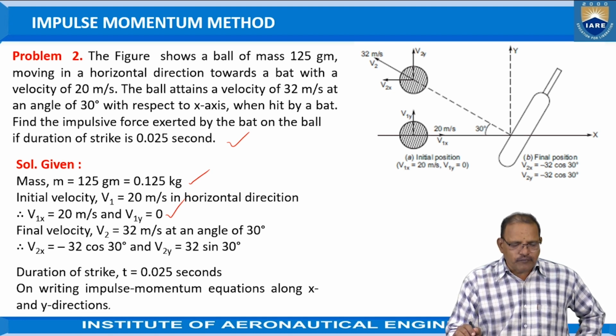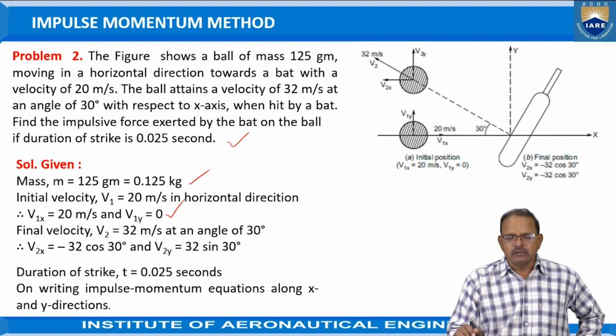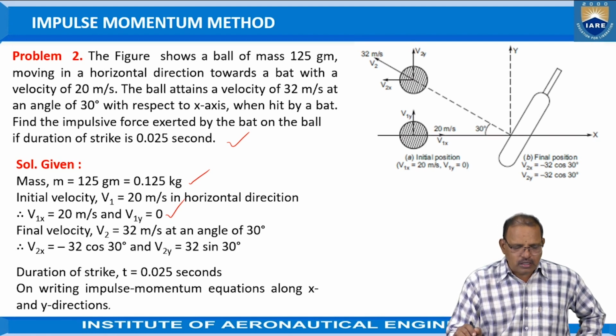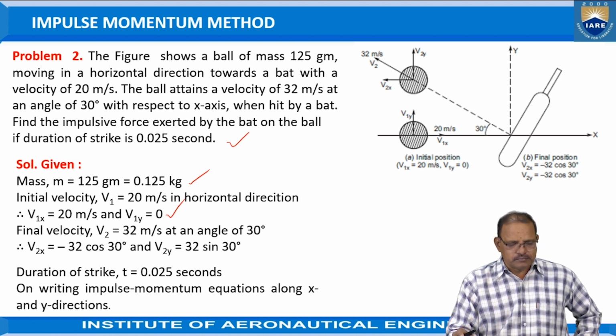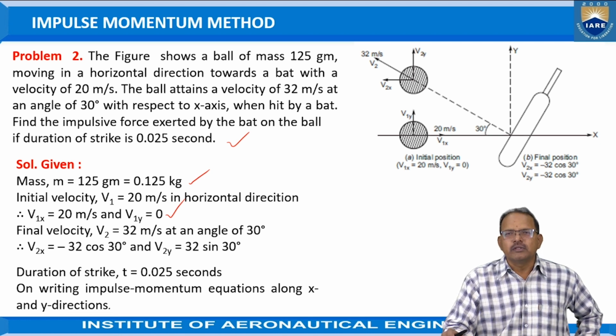So after hitting, the final velocity is given as 32 meters per second at an angle of 30 degrees. Again, it is resolved into two components, that is v2x and v2y. Here, the initial velocity of the ball is moving toward the right hand side, but after hitting, the ball is moving toward the left hand side, as shown in figure.